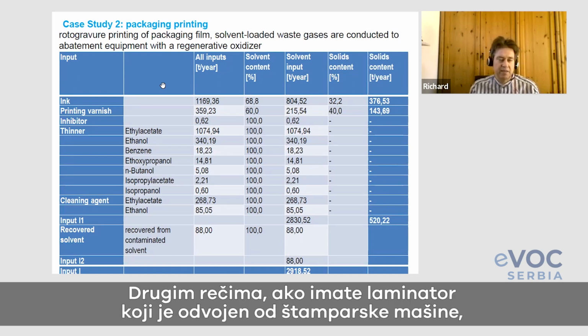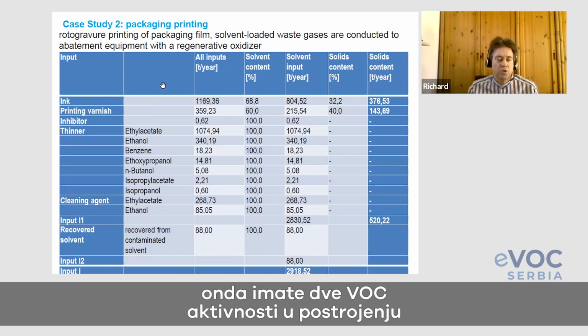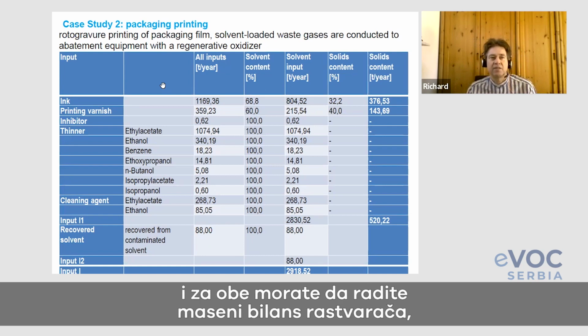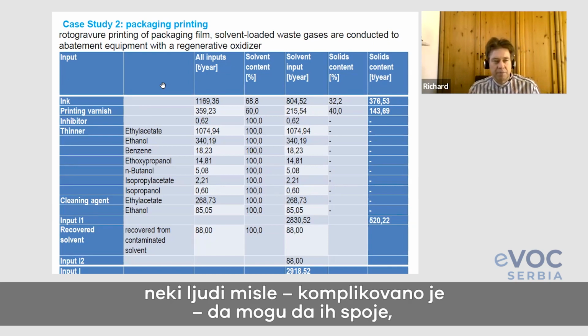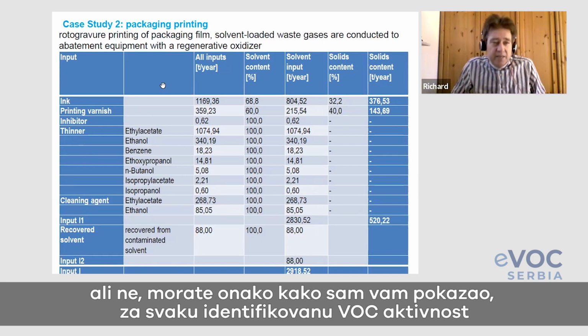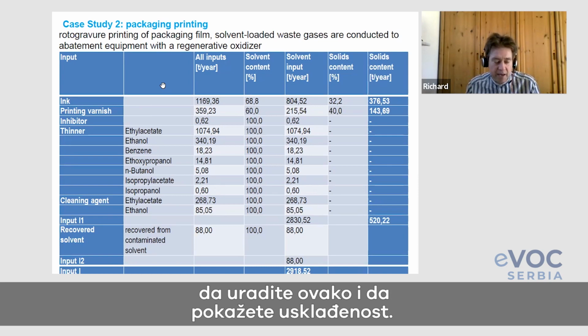In other words, again, if you have a laminator that is separate from your printing unit, so you have two VOC activities in your installation, and you must do the solvent mass balances and so on for both. So you cannot mix it. Some people, because it's complicated, they mix it. No, it's not possible. You must do what I show you here as an example for each of the identified VOC activities. And you must demonstrate compliance, of course, for each of them.